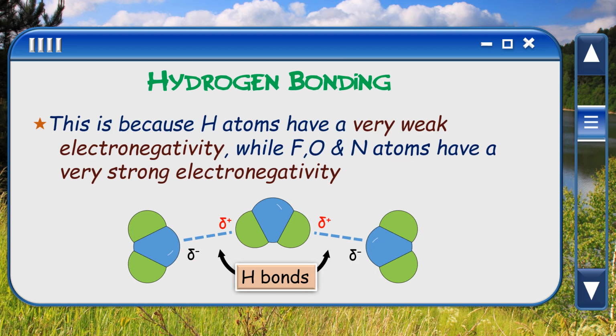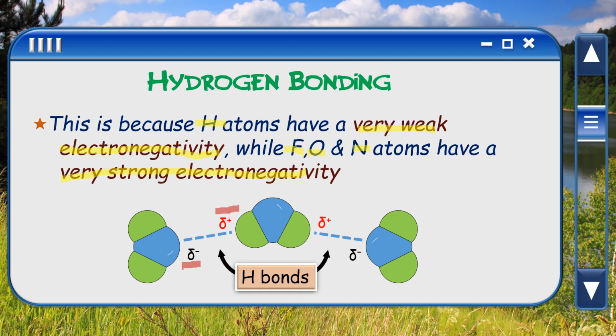This is because hydrogen atoms have a weak electronegativity, while fluorine, oxygen, and nitrogen atoms have a very strong electronegativity. So oxygen here has strong negativity, hydrogen here has strong positivity.